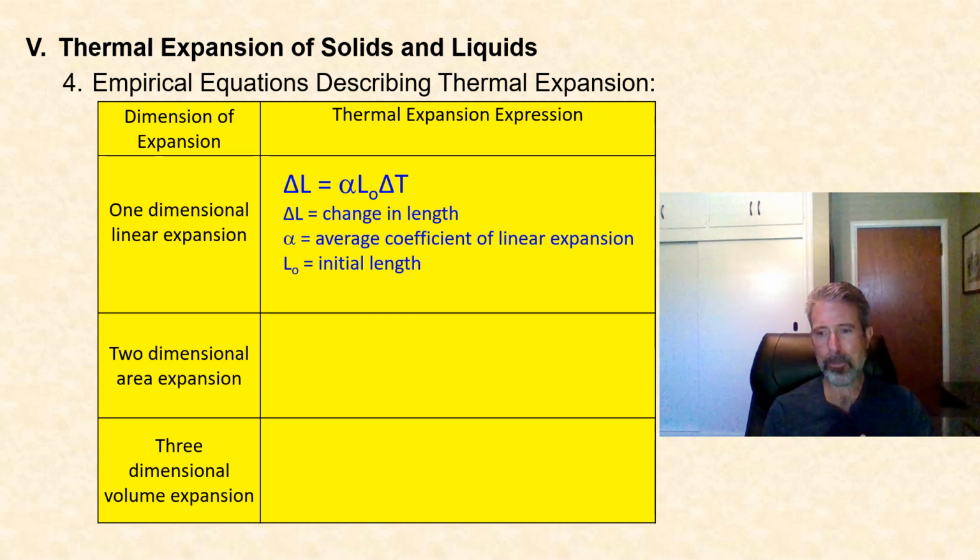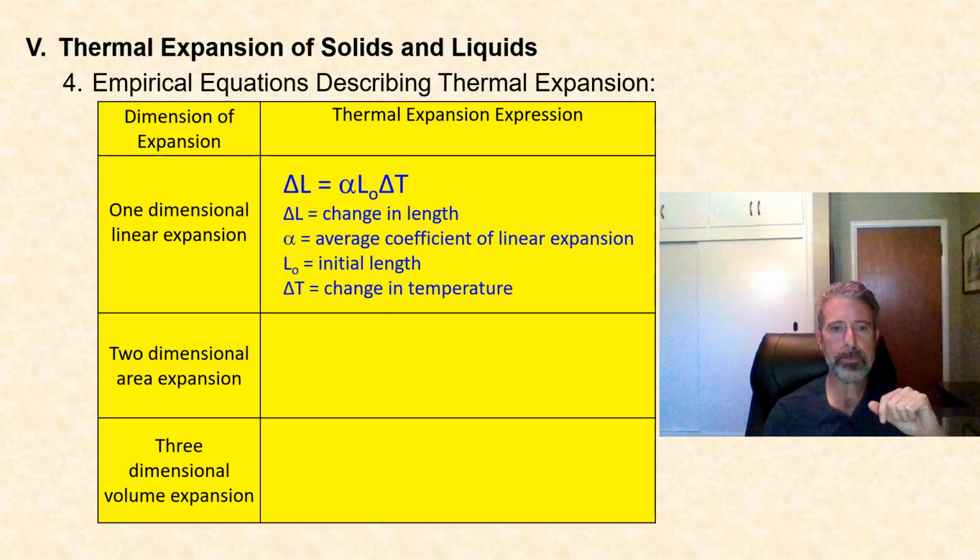A 1,000-meter bridge is going to experience a bigger change in length with a 5 degrees Celsius change in temperature than a 1-meter long bridge. And finally, of course, the amount of temperature change is going to affect the change in length. We would expect that the greater the temperature change, the greater the length change as well. So delta T measures the change in temperature.